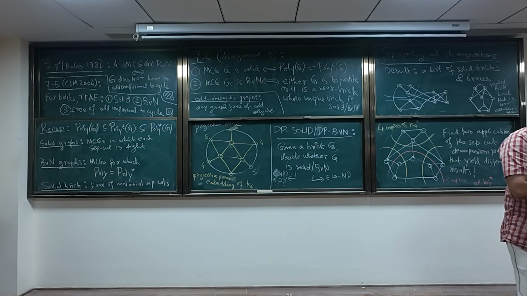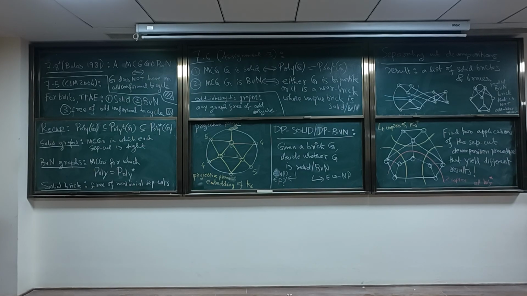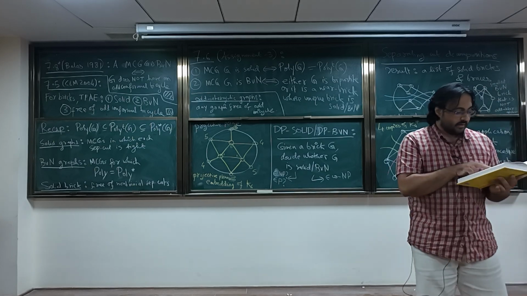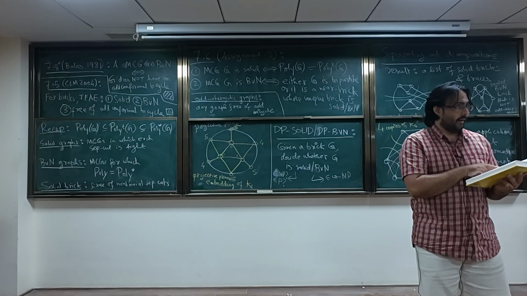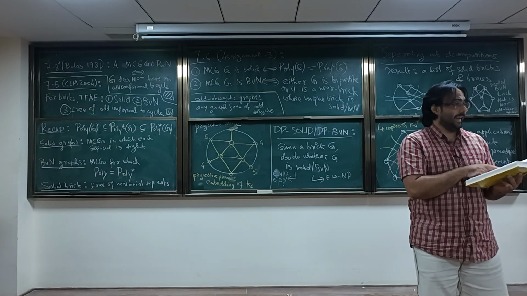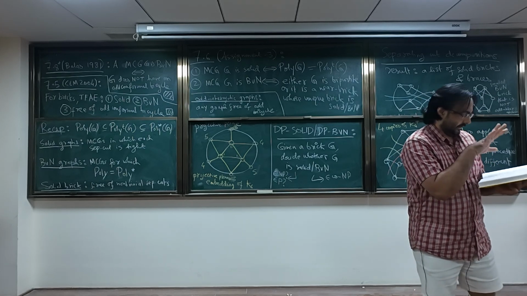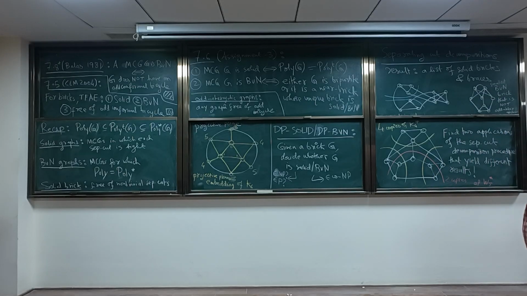Subject to some connectivity conditions, every odd-intercyclic graph turns out to be a projective planar graph of a special type. I have not described the type yet. I'll describe it soon.